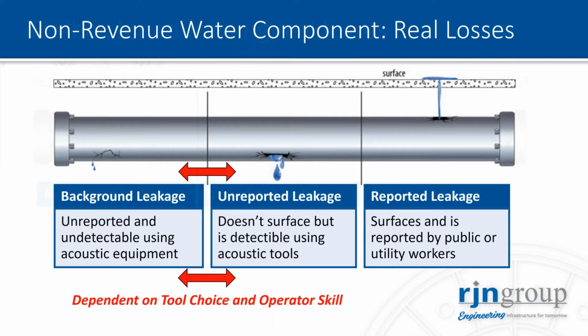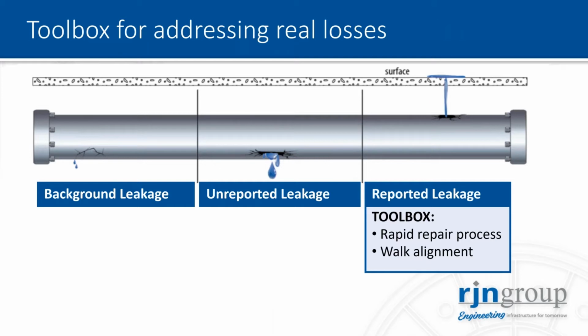So what are some of the tools here? With reported leaks, one of the ways to address these is to have a process that allows you to identify and fix them very quickly in terms of reducing water loss. That means simply walking or driving the alignment, or having a call process where people call in and report these and you get them fixed quickly.